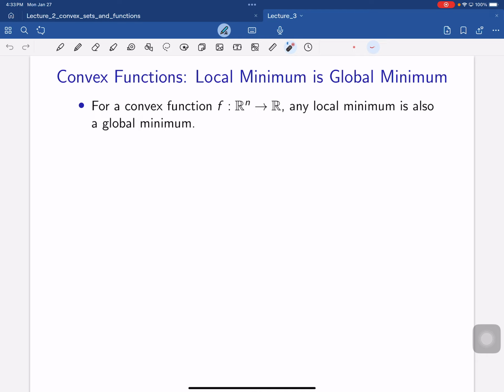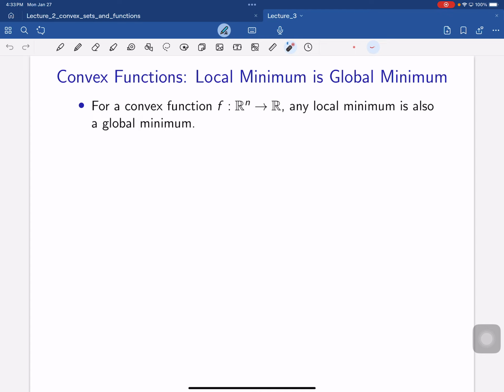So that's why convex optimization is easy to solve. Okay, so how do we prove this property? Again, the statement is any local minimum is global minimum. So any thoughts on how we can prove this type of property?